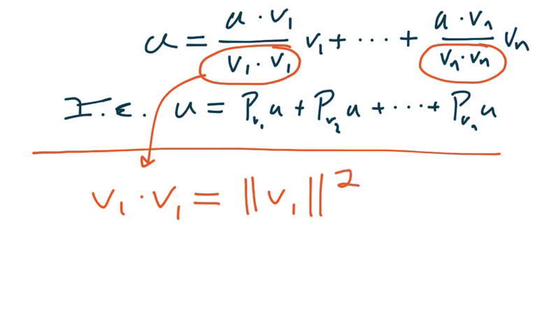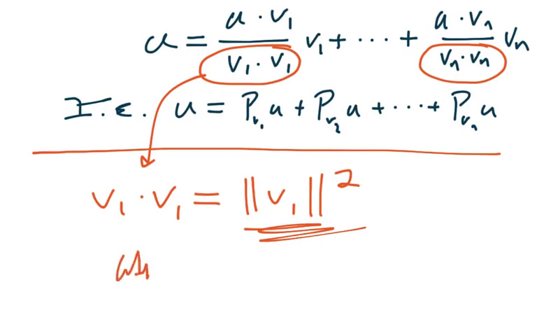So in every one of these denominators, to calculate the coefficients in our basis decomposition, we are going to have to divide by the magnitude of our basis vector squared. So, wouldn't it be nice if we didn't have to do that, right? If we didn't have to worry about that.